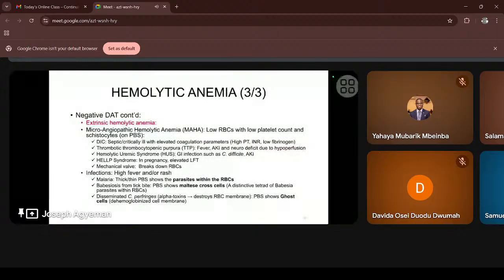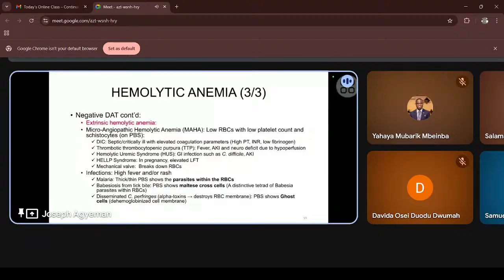Okay. So we are trying to explain the extrinsic non-autoimmune cause of hemolysis. Extrinsic means that the problem is not a problem with the red cell. The red cell is perfect. There is no issue with its enzyme or its membrane or its hemoglobin. There is nothing wrong, yet factors or issues from elsewhere are resulting in the hemolysis.